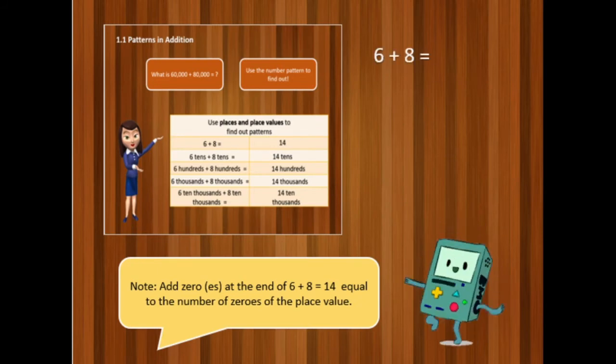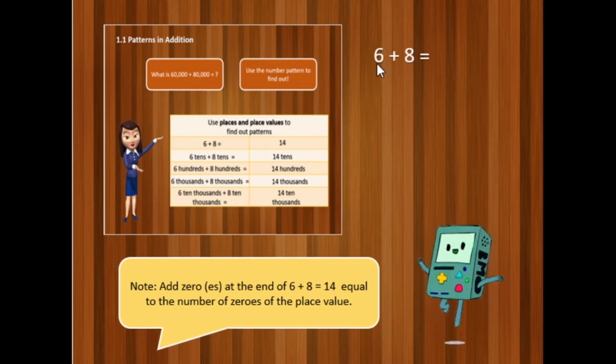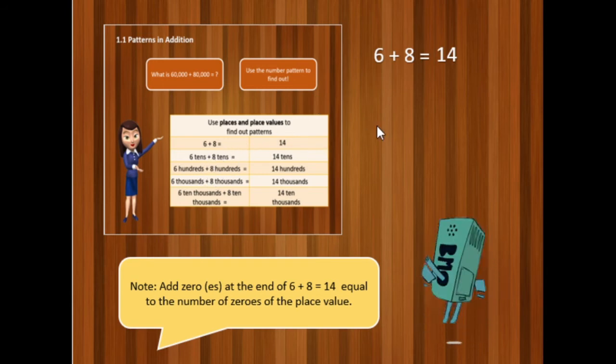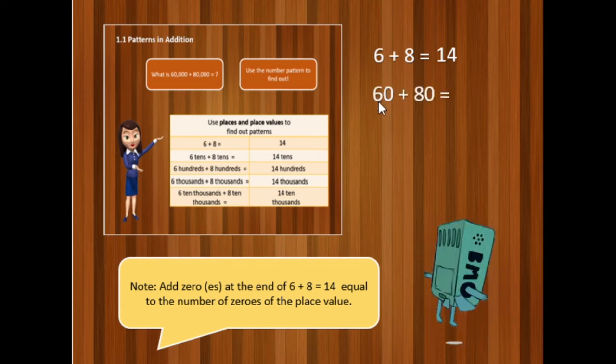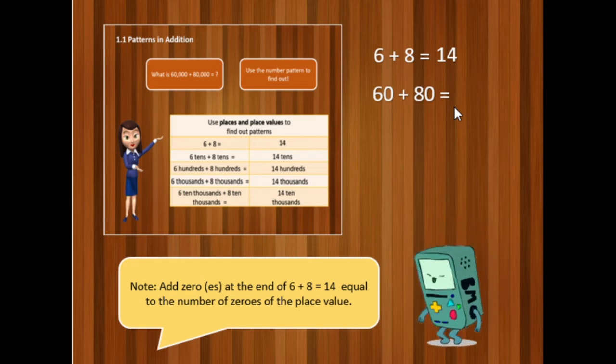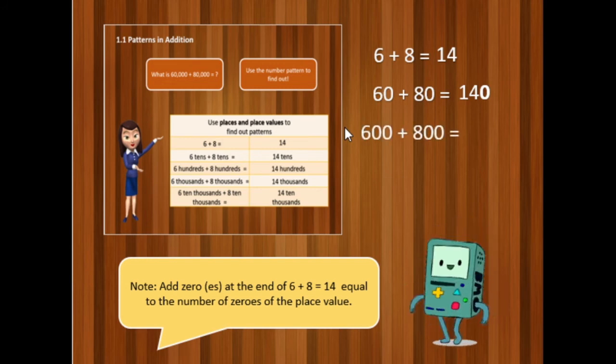Now if we try to look at it, this is the case. 6 plus 8 equals 14. 6 tens and 8 tens gives us 60 and 80. Therefore, the answer would be 140. 6 hundreds and 8 hundreds give us 600 plus 800.